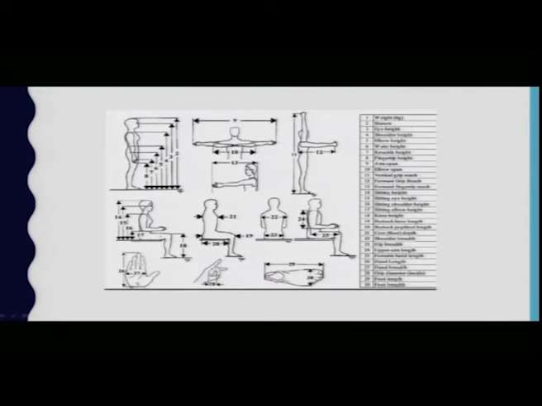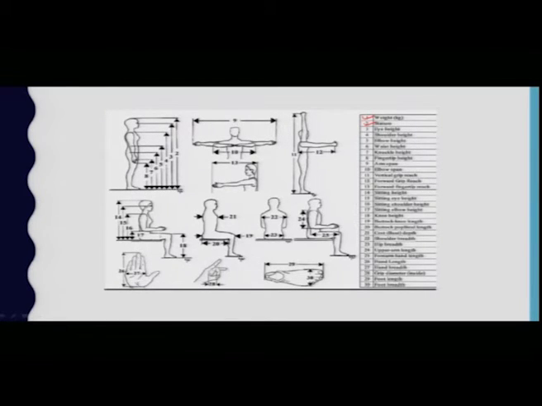Again, what are the other possible measurements that we take into consideration while capturing the anthropometric data? You can visualize those data with the help of this figure, which I have taken from a book by R.S. Bridger. The first thing is weight, the second is stature.